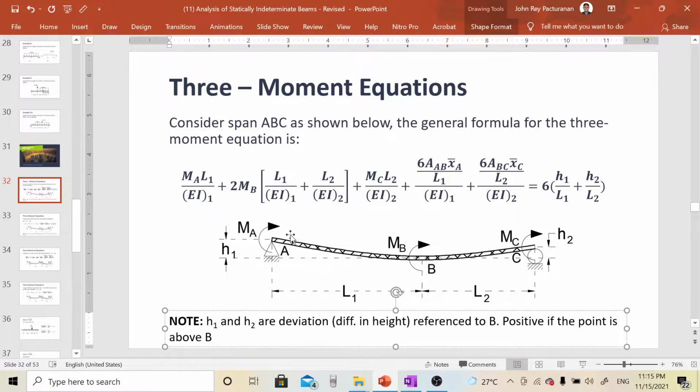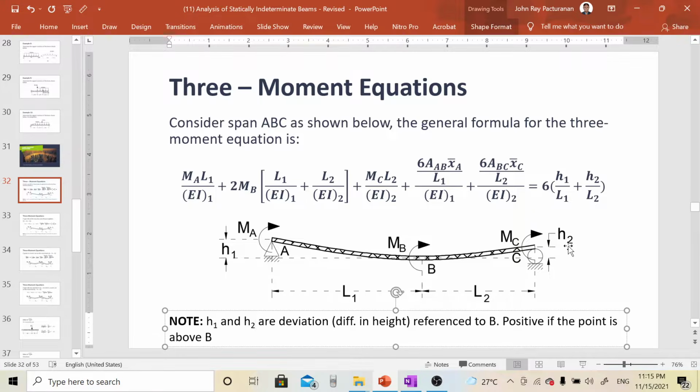Because ang reference natin, yung point A ba is nasa taas or nasa baba ng point B. So, magiging reference mo is yung point B. If the points are above the middle point, you need to take note that H1 and H2 are positive. Okay? So, halimbawa nga, itong nakikita nyo sa figure nyo, it is evident na these 2 points are above point B.